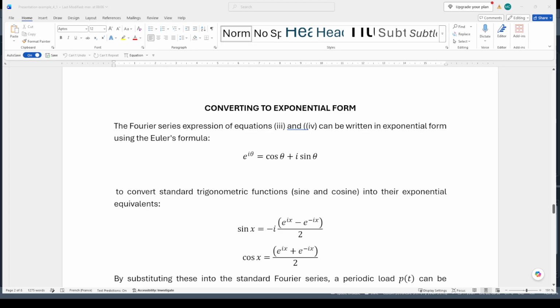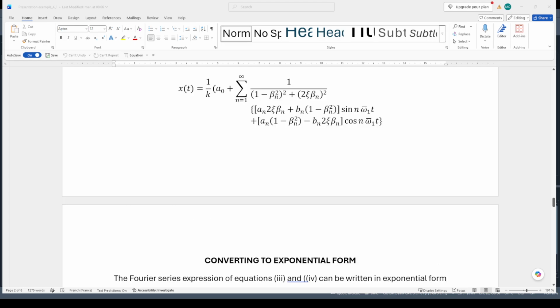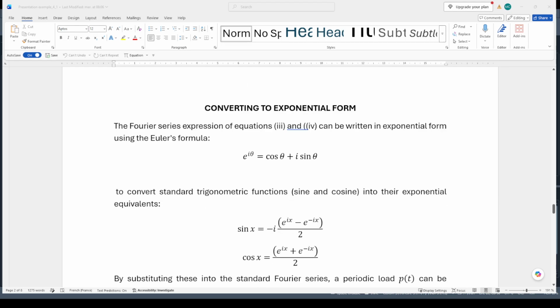We can convert this equation into exponential form. Remember the Euler form, where e to the i theta is equal to cosine theta plus i times sine theta.